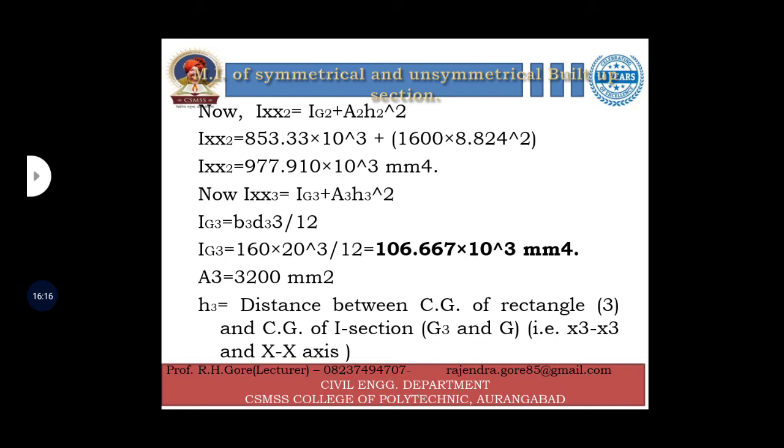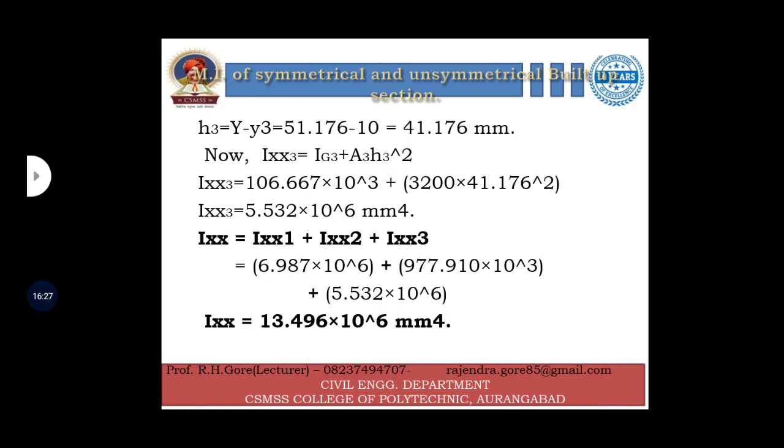H3 is the distance of the CG of rectangle 3 and CG of I section, means distance between x3 axis and xx axis. So H3 is y bar minus y3. So H3 is 41.176 mm. So moment of inertia of rectangle 3 about CG of I section is 5.532 into 10 to the power 6 power 4.